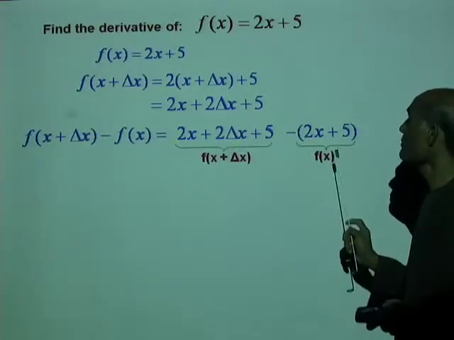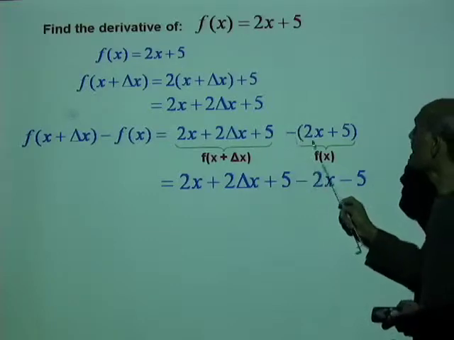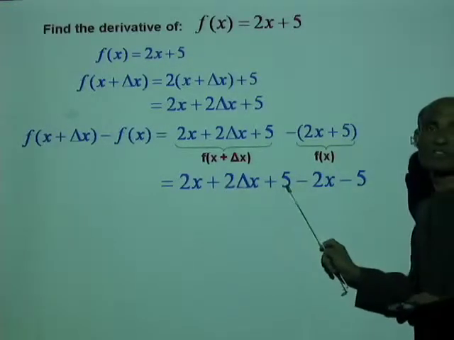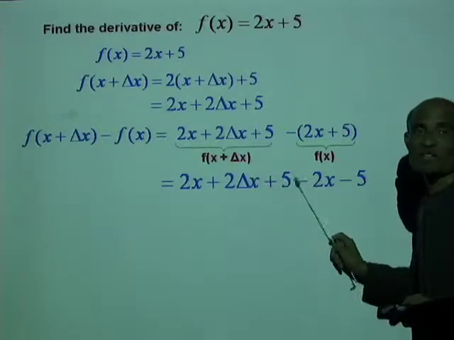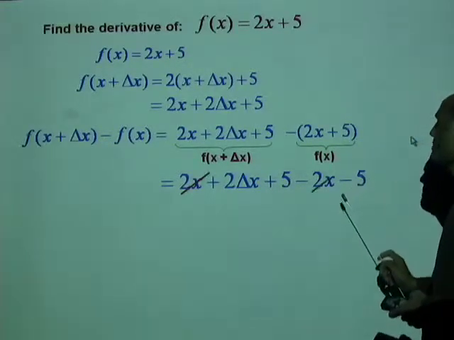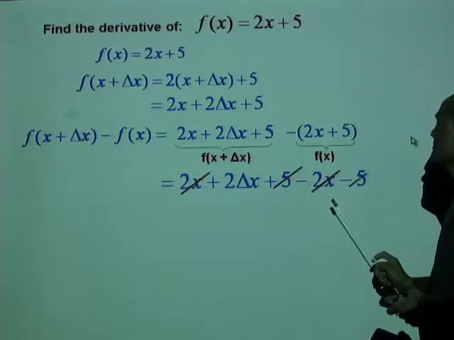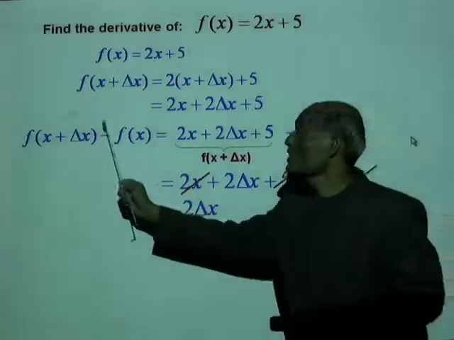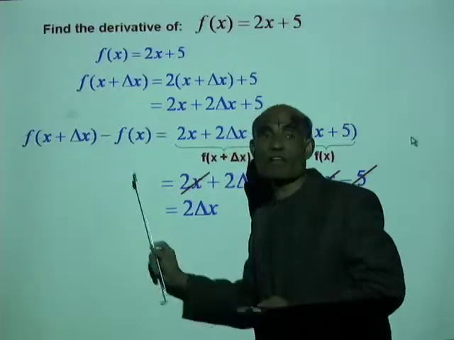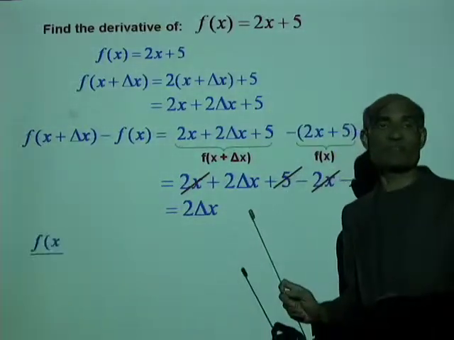Now simplify this, distribute that negative sign, and you get this. And you notice 2x minus 2x, plus 5 minus 5, will go. What is left? That's equal to 2 delta x. So the change in the function value is 2 delta x.